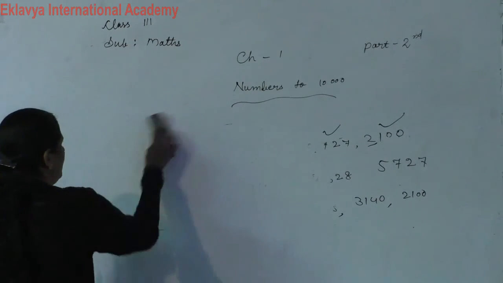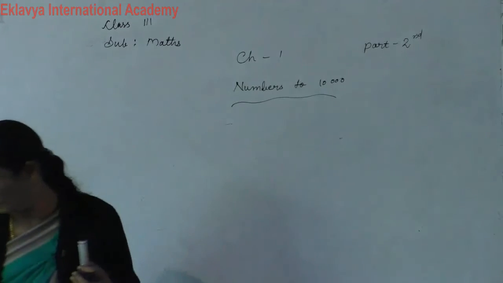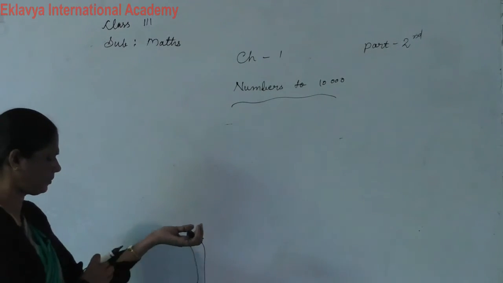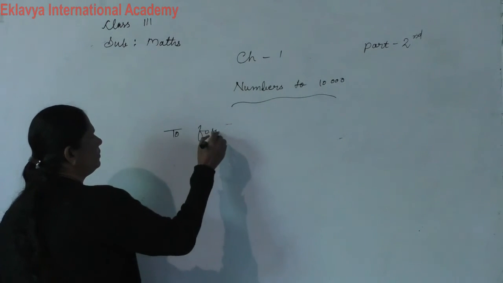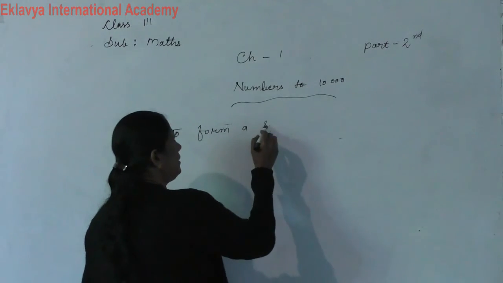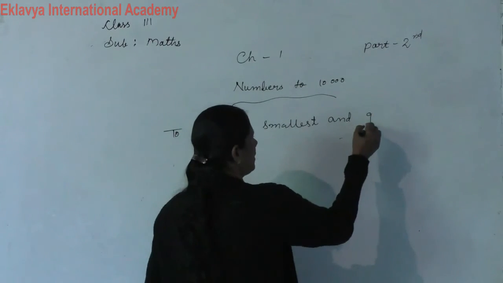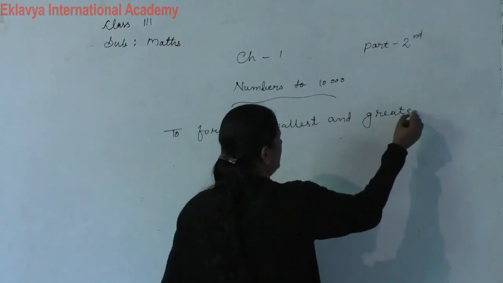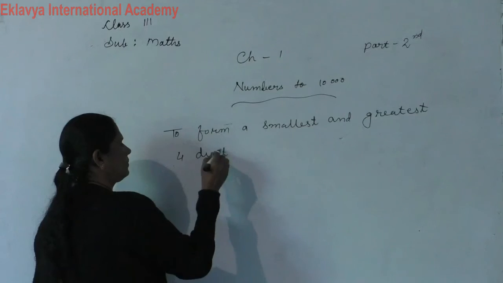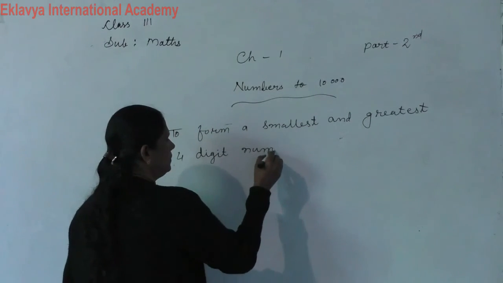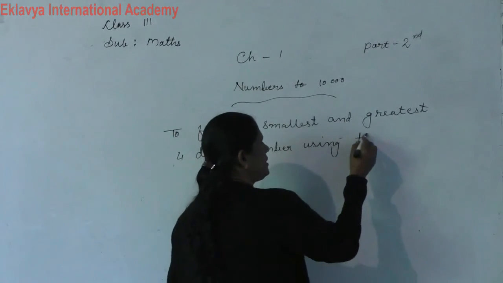How to form a number? To form a smallest and greatest 4-digit number using these digits.